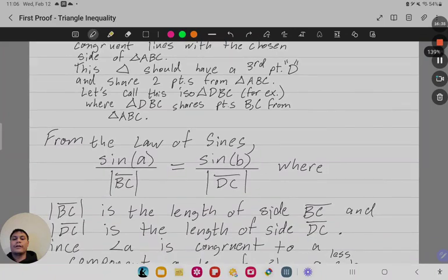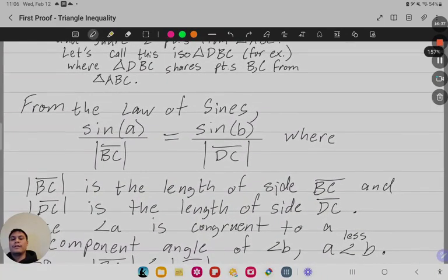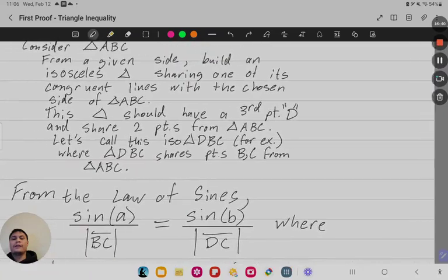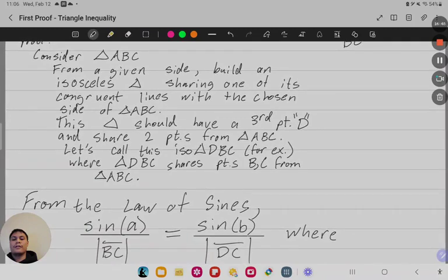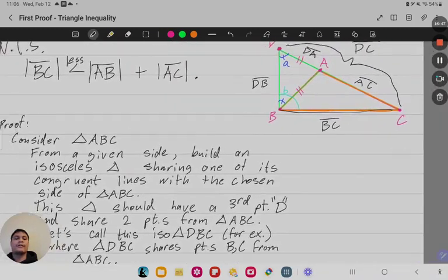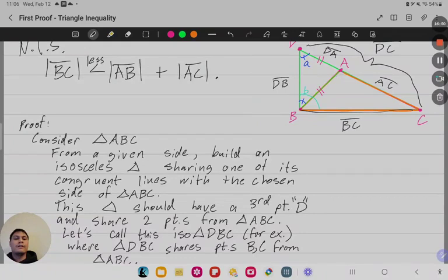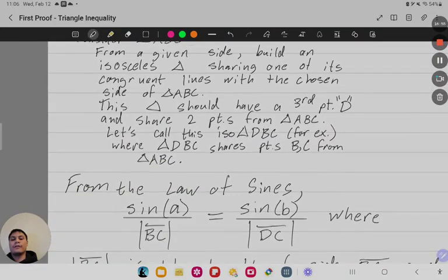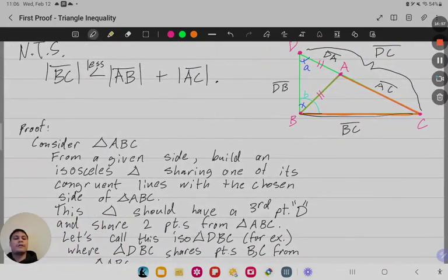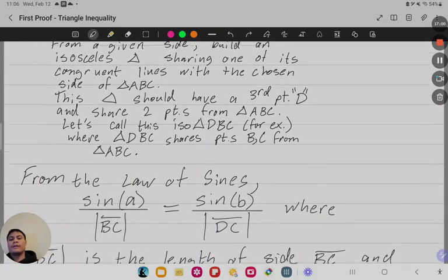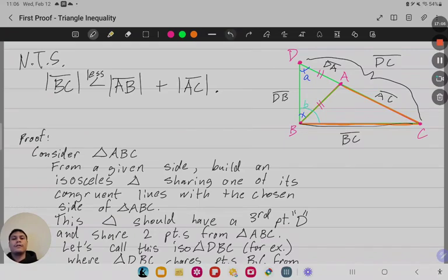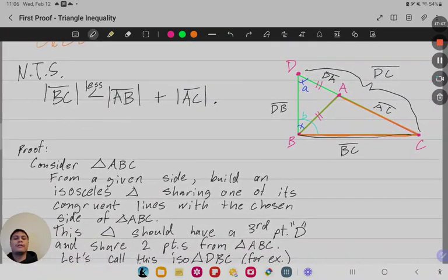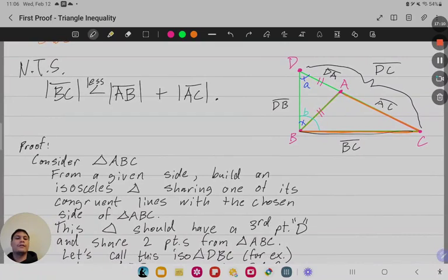So from the law of sines, which we won't prove here, the ratio of the sine of angle A right here and the length of BC right here is equal to the ratio of the sine of angle B here and the side length DC right here, this big one.